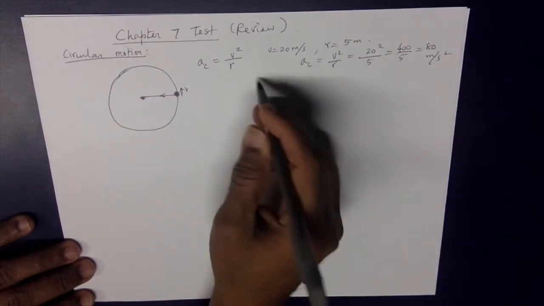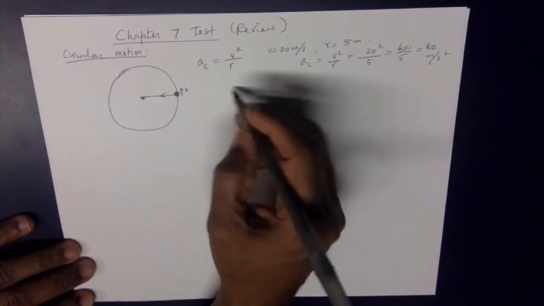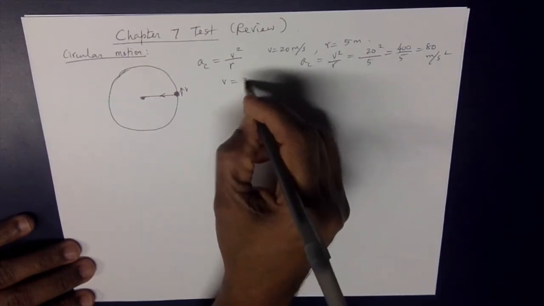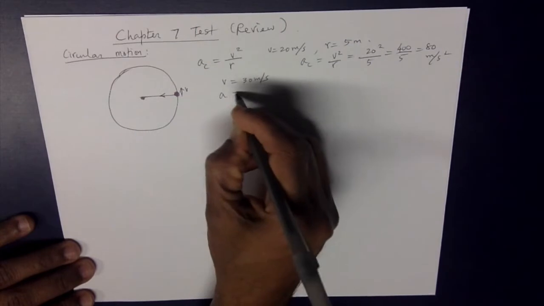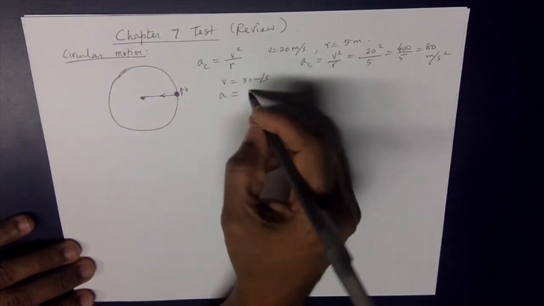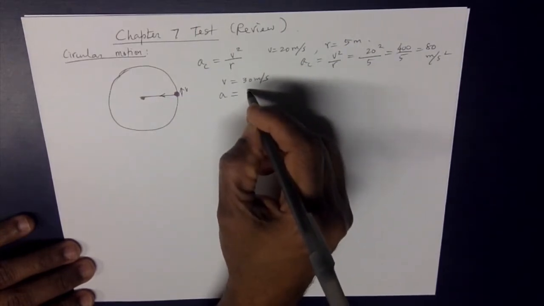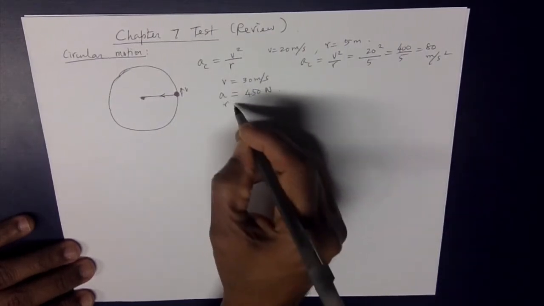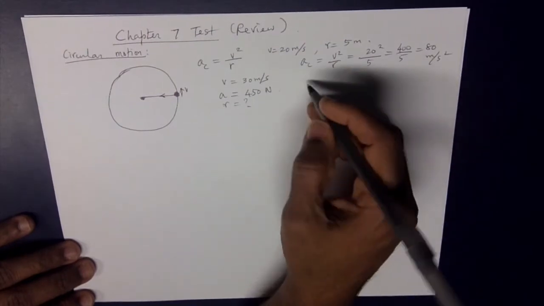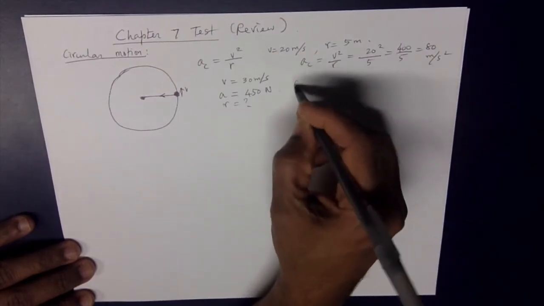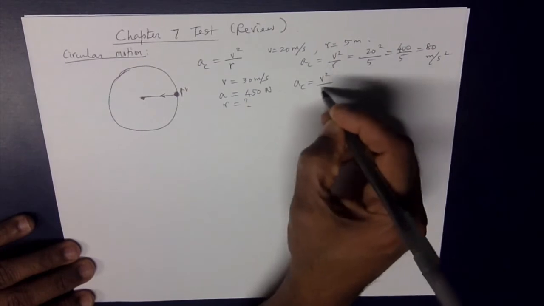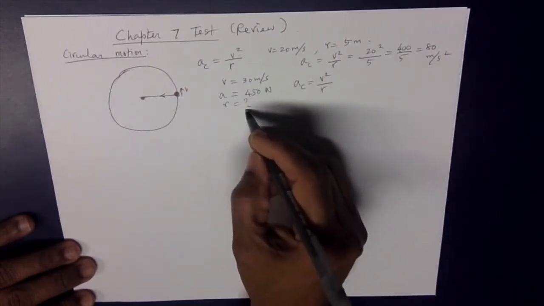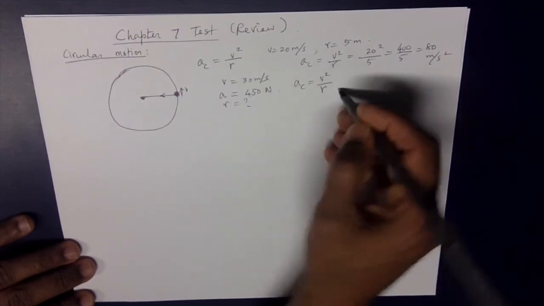Or on the other hand, if you are told the speed is 30 meters per second and the acceleration is 450 meters per second squared, what is the radius of that turn? Again, we use the same expression. Acceleration is equal to v squared over r, and the question is asking for r, so make r the subject of the equation.